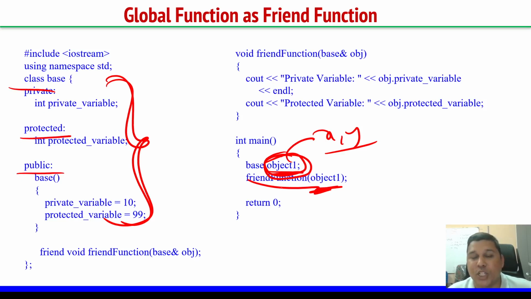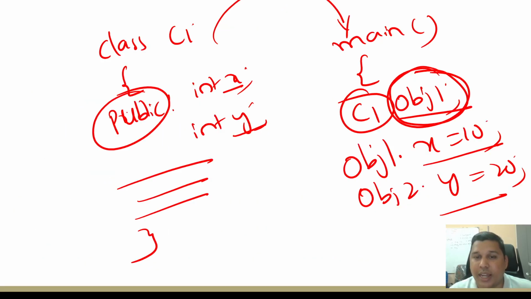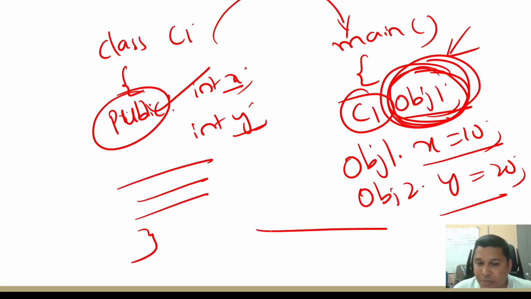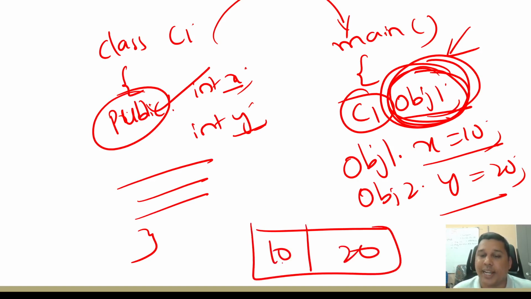Here it has the privilege to access public variables directly. Memory allocation is done for this object. It will be something like this: this is 10, this is 20, and this is the starting address of the object. It is holding some address.